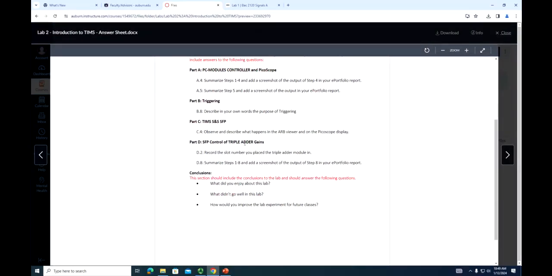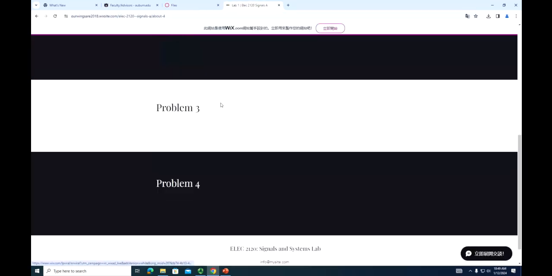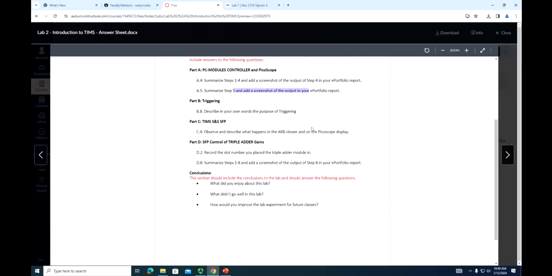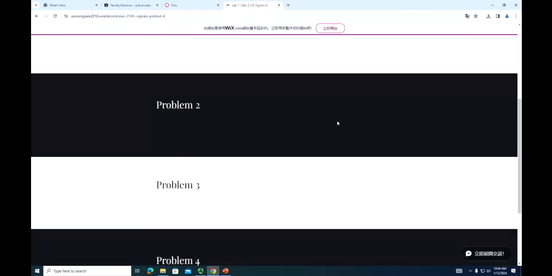I will grade your lab relying on the answer sheet. So make sure you list all the answers of your answer sheet. You should answer each problem and list the answer here. And if the answer sheet or the document asks you to do a screenshot, you just do the screenshot and post it on your web page.